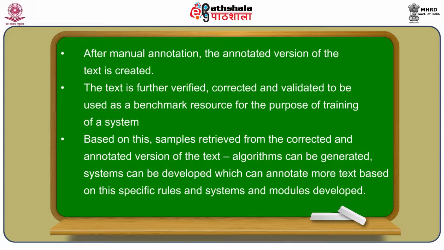Based on the data and examples retrieved from the manually annotated and corrected version of the text, a lot of algorithms can be generated and systems can be developed, which can annotate more texts based on the specific rules and modules developed for this.